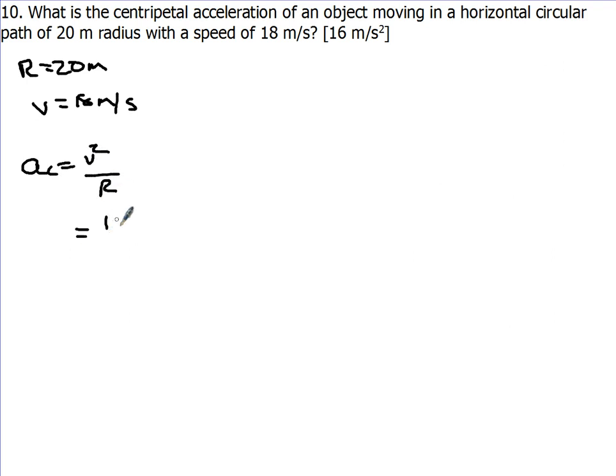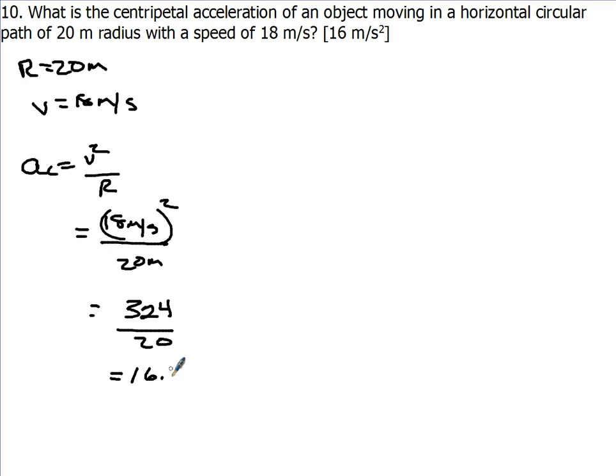So this is 18 meters per second squared divided by a radius of 20 meters. Go on and multiply this out if you need to. 18 squared is 324 divided by 20, or you get an answer of 16.2 meters per second squared.